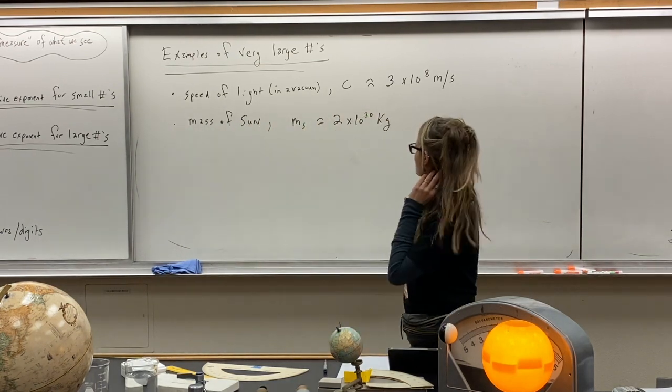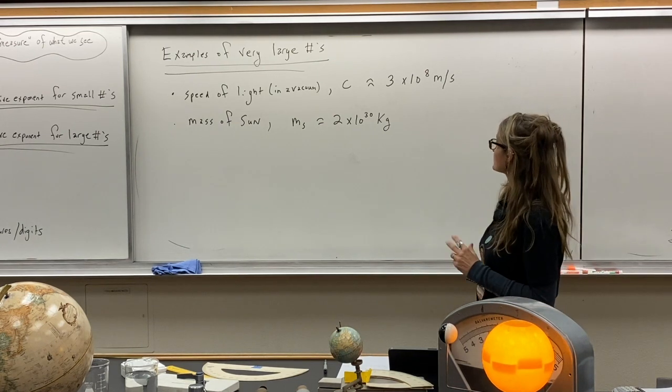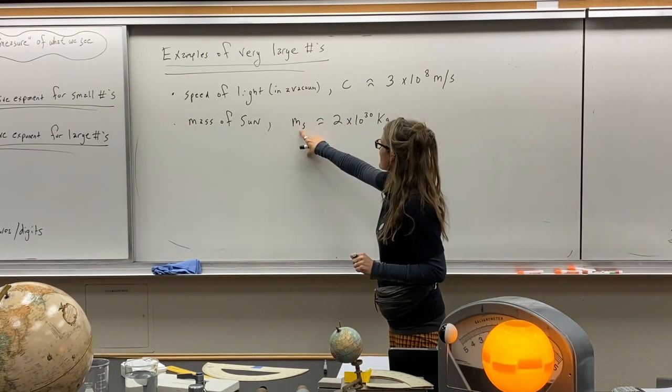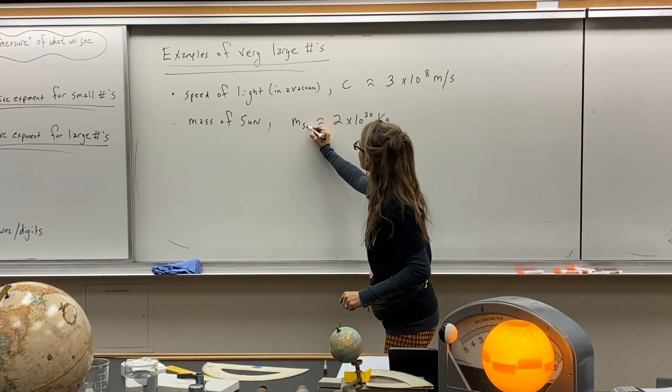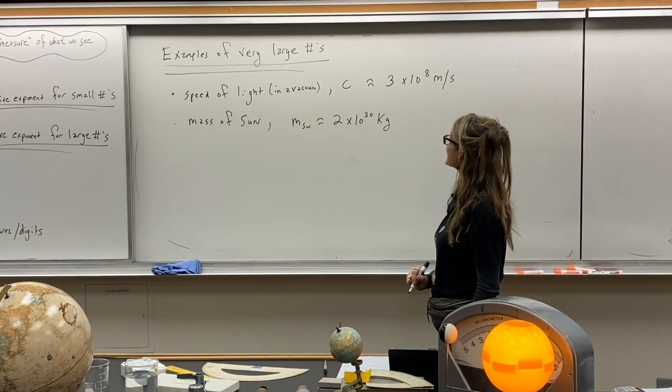There are so many tables online. Wikipedia tends to have pretty accurate information as far as these facts. The mass of the sun, sometimes written M with a little symbol for the sun, is 2 times 10 to the 30th kilograms.